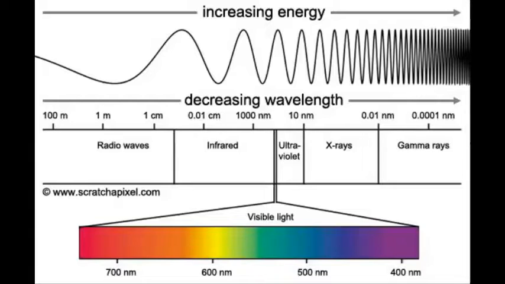And then on the other side, light that has a wavelength smaller than about 400 nanometers is called ultraviolet light. And then if you go to even shorter wavelengths than that, it turns into what's known as X-rays and gamma rays.